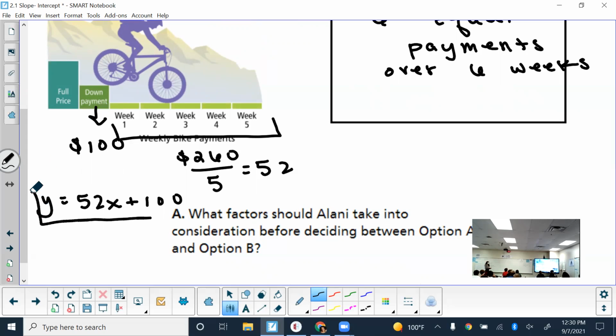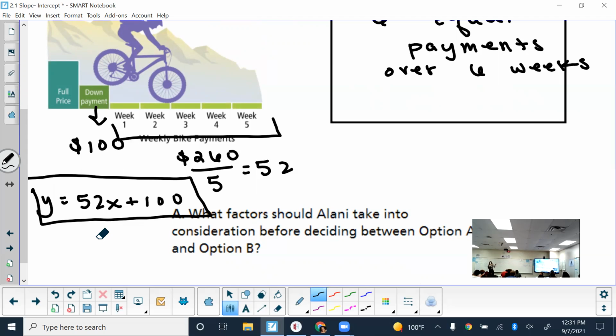So if I told you what does the slope mean in this situation, what would you tell me? 52. It is the slope, it's the amount she's paying each week, right? And then if I asked you what does the 100 represent, you would say the down payment, or your y-intercept. You know, that's how the question will be on your test. Make sense?